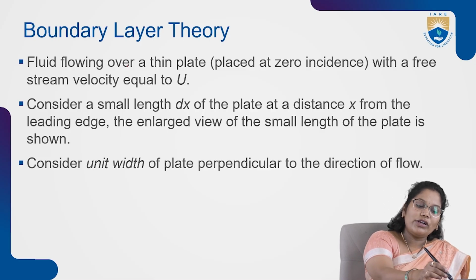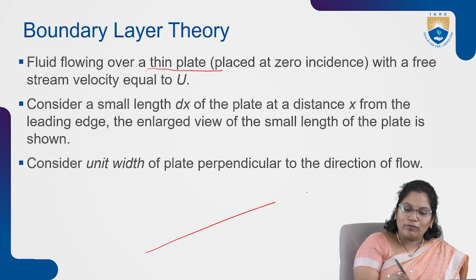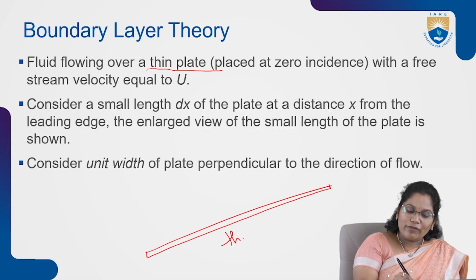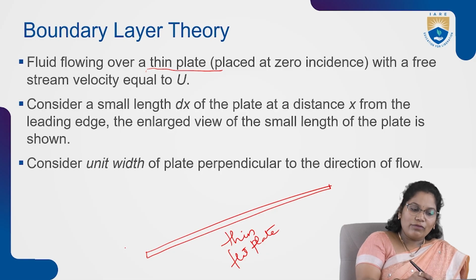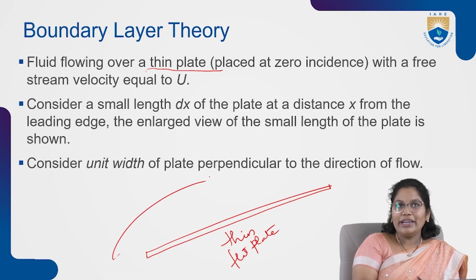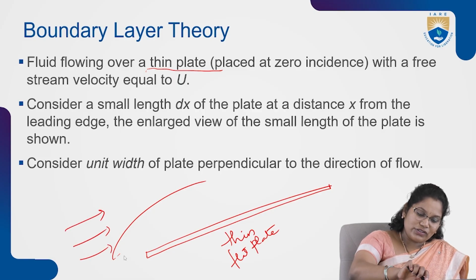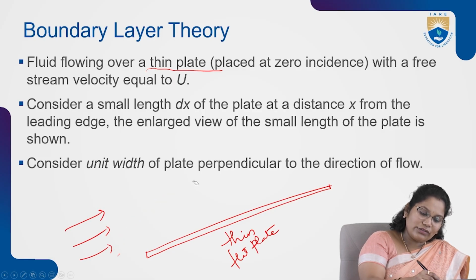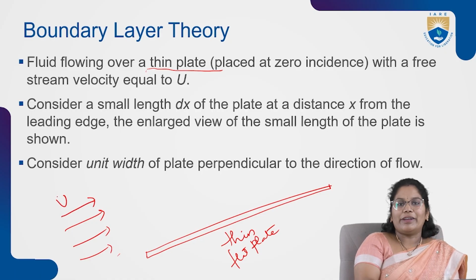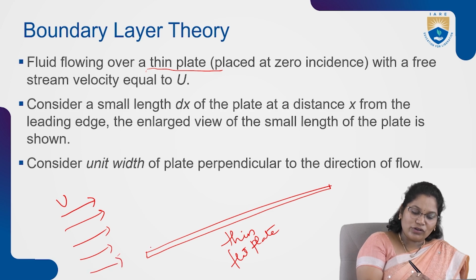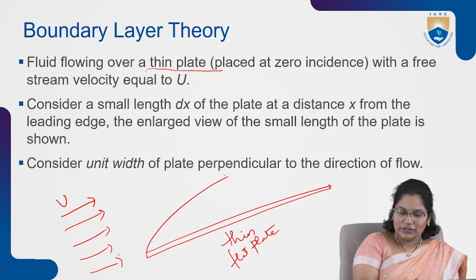Here, fluid is flowing over a thin flat plate with free stream velocity equal to capital U. When this free stream is entering the flat plate, we see some variation in velocity distribution.